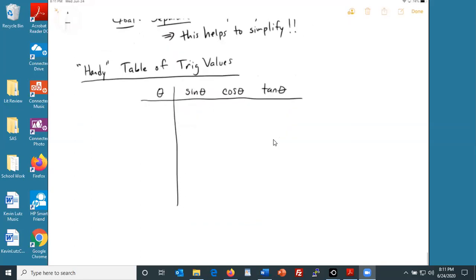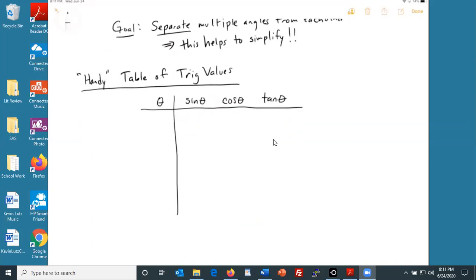Remember, you were using your calculator to get trig values the last 2 days when you were solving problems, right? This is the same idea. We're going to only use it for angles of 0 degrees, 90 degrees, 180 degrees, 270 degrees, and 360 degrees. That's every 90 degrees. Notice that these angles increase by 90, 90, 90, right?